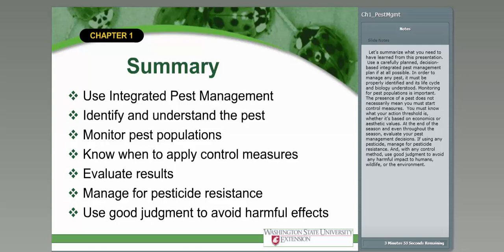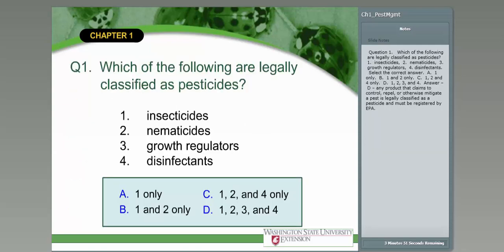Question 1. Which of the following are legally classified as pesticides? 1. Insecticides. 2. Nematicides. 3. Growth regulators. 4. Disinfectants. Select the correct answer. A. 1 only.